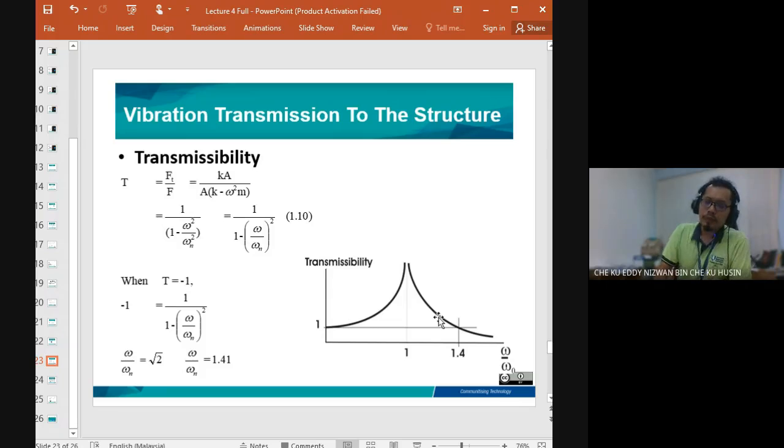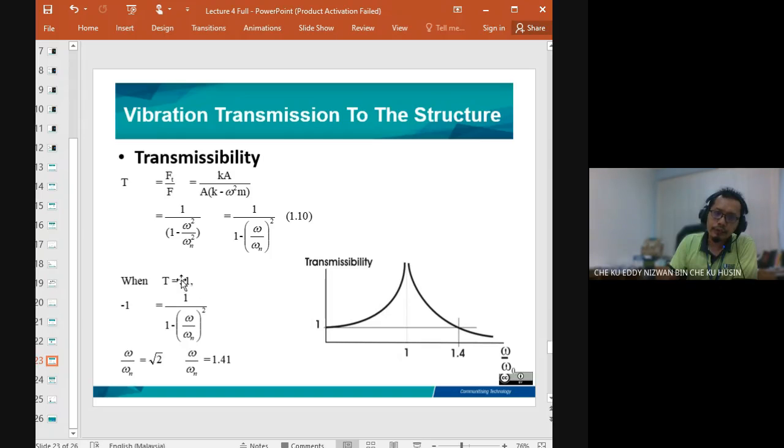To ensure that the force transmitted is less than the excitation force, we have to ensure that transmissibility is less than 1, which can be found at this point.